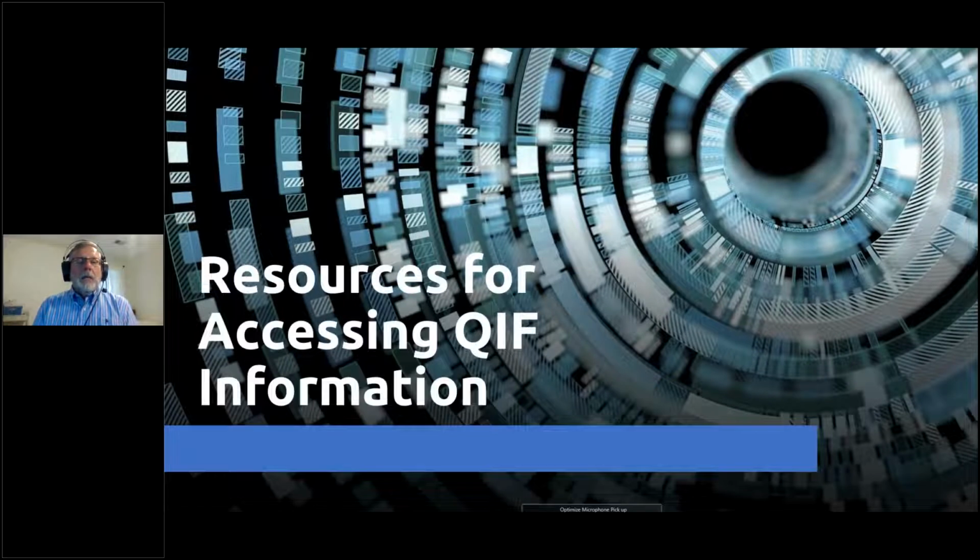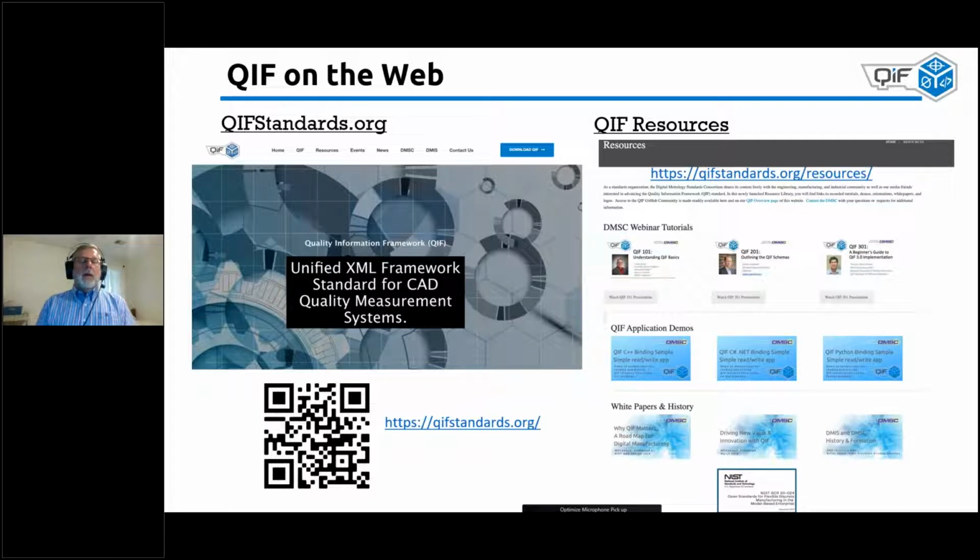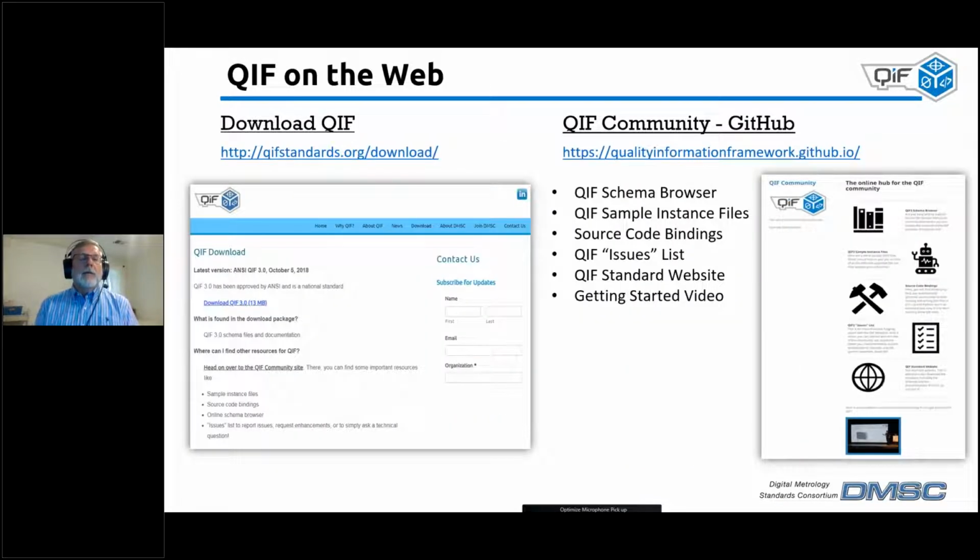And then I want to just make sure you are aware of the resources. We are on the web. Obviously, you can go to QIFstandards.org. In there, there's a place that you can find different resources. You can find past tutorials and other information. You can also download the ANSI version of QIF. If you want the ISO version, you need to go to the ISO community to obtain it that way.